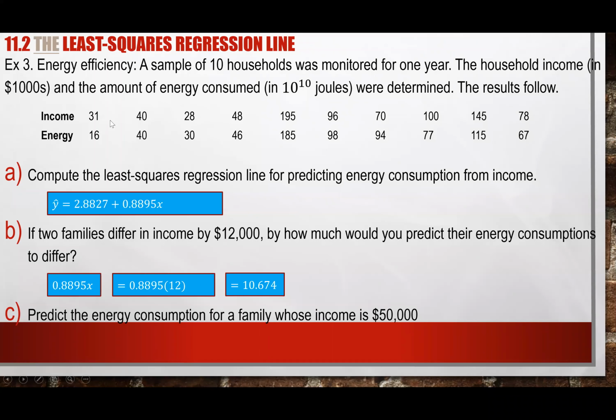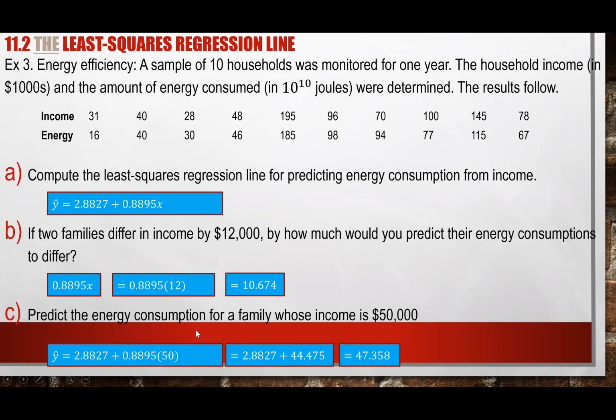We don't have any family with 50,000 income. We have 48 and 40. So now we predict, if we have a family with a 50,000 income, what will be their average energy consumption? All we do is plug in the 50 where the X is, then multiply and add.